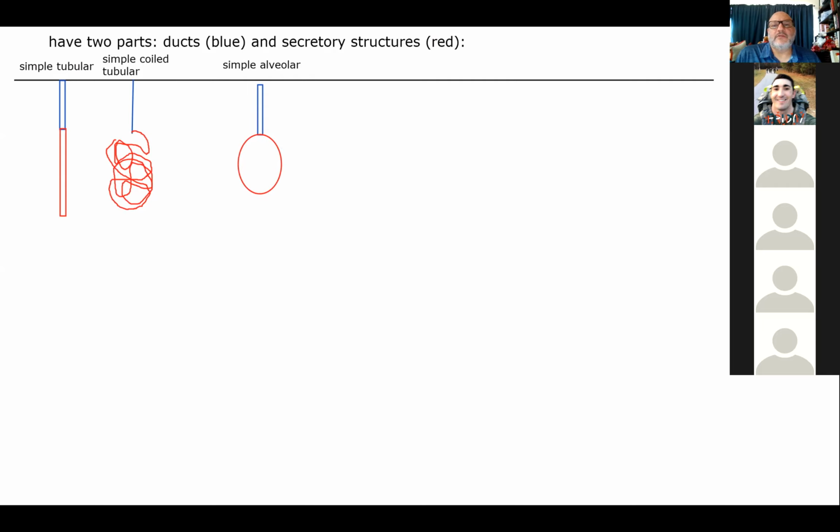So start first with a single duct, and off that single duct, I don't know if I'm going to be able to do this. I'm going to have to cheat and draw it. All right, excellent. Off this single duct, we can have two long, narrow, tube-like structures that connect to it.